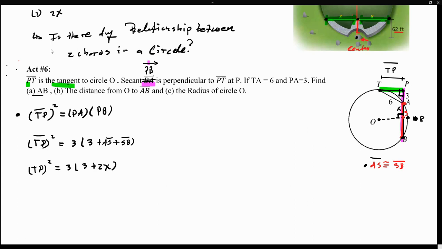And now we can definitely solve for this, because once we solve for this, AB from A all the way to B, well, that's just going to be equivalent to 2x, where we can gather the value of X from here.